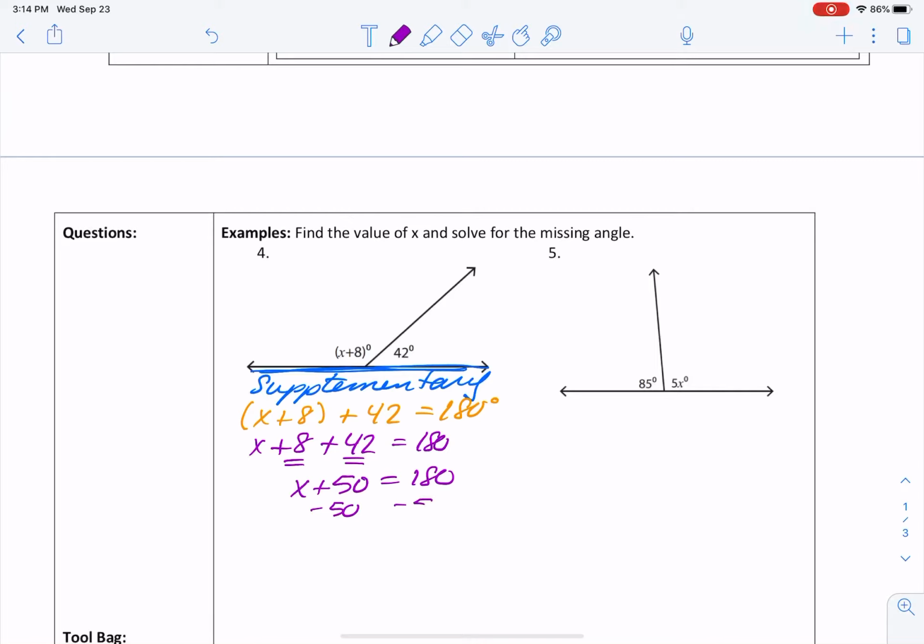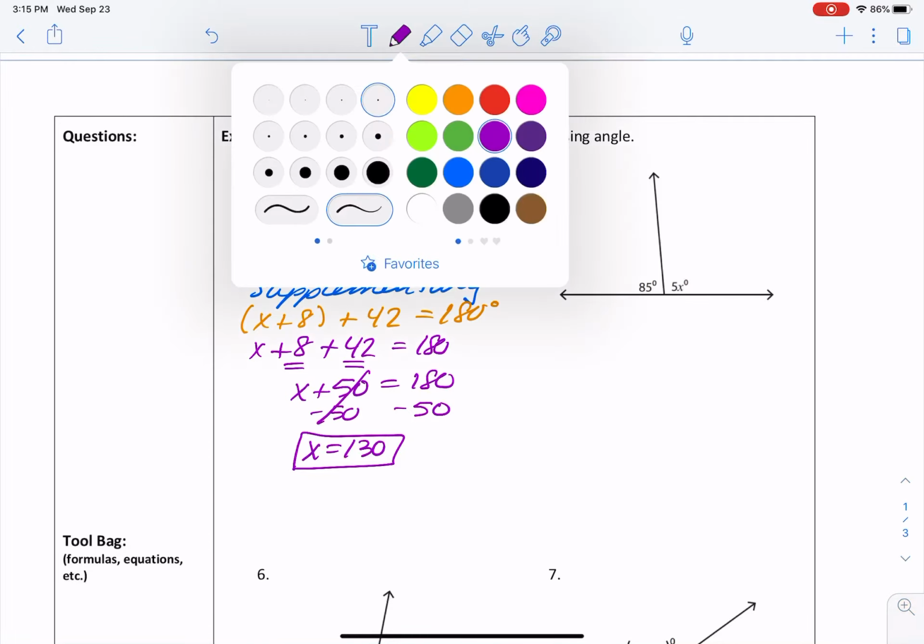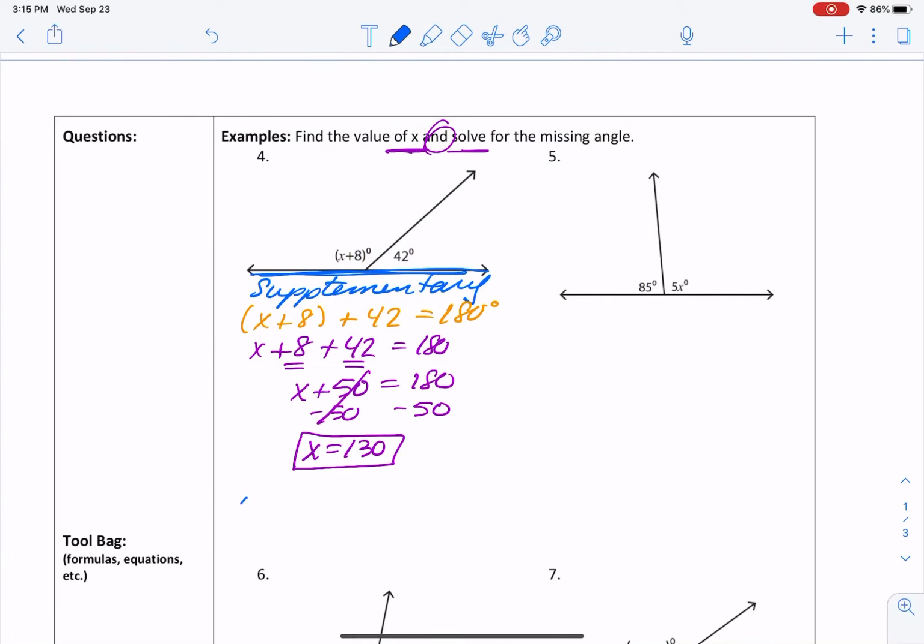Subtract 50 from both sides, and I get that x equals 130. Remember, the directions said find x and solve, so I gotta do both. So now I have x plus 8 equals 130 plus 8. The other angle is 138 degrees.